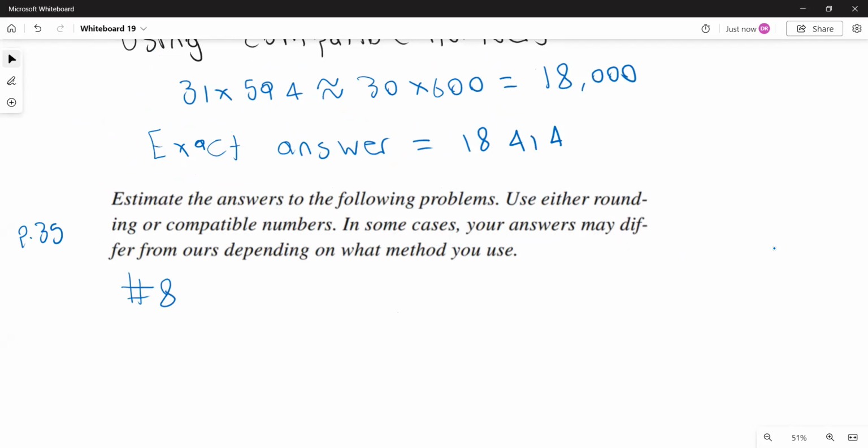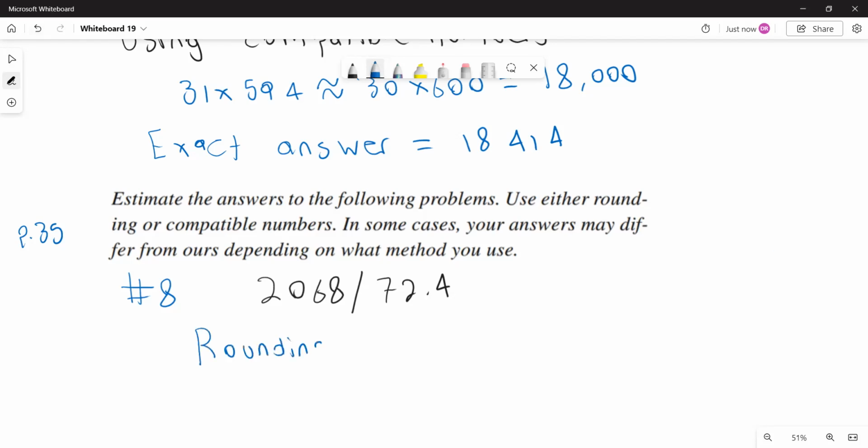So they are asking you to estimate 2068 divided by 72.4. Okay, so if you do this by rounding, it doesn't say, by the way, whether you should round to the nearest tenth or to the nearest integer, or it doesn't give you any more information.